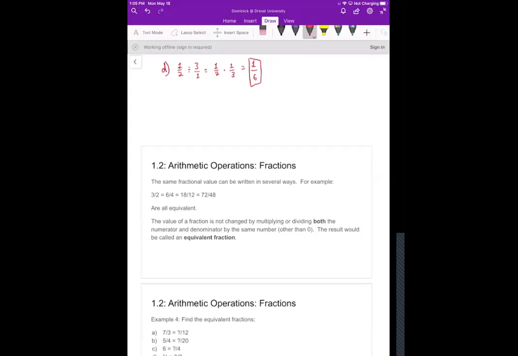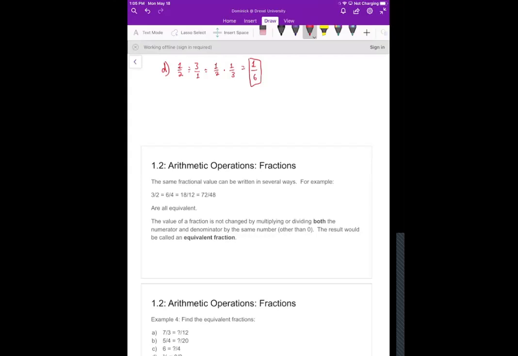All right, now I'm saying that those are all equivalent. Now why are these things equivalent? Well, let's take a look. If I divide the top and bottom of a fraction by the same number, I'm not changing anything, right?